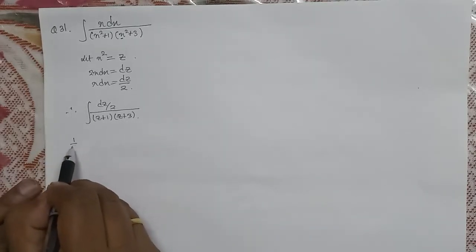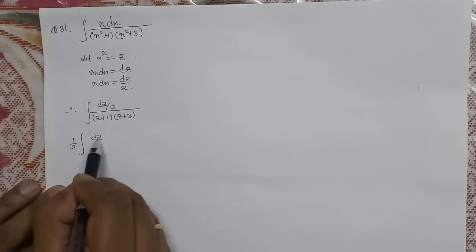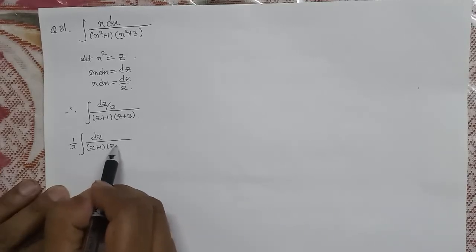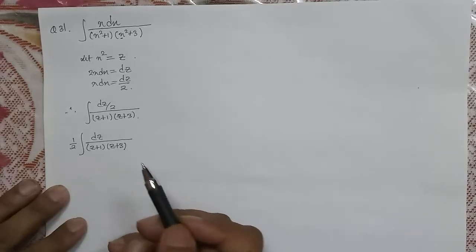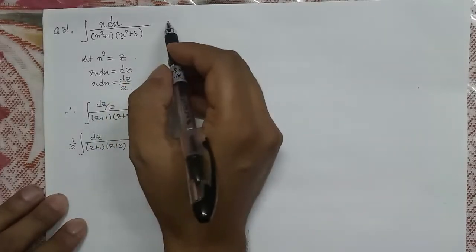Now it is 1 by 2 integration dz over z plus 1 into z plus 3. Now we can easily apply partial fractions in this case.